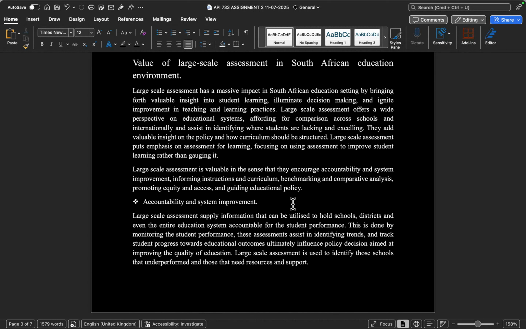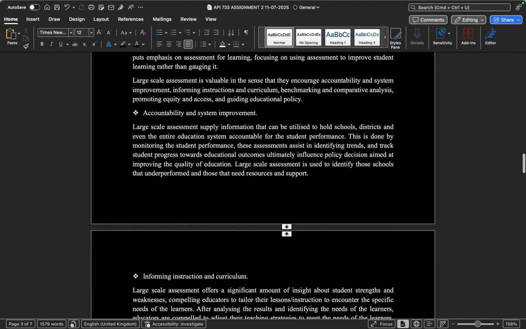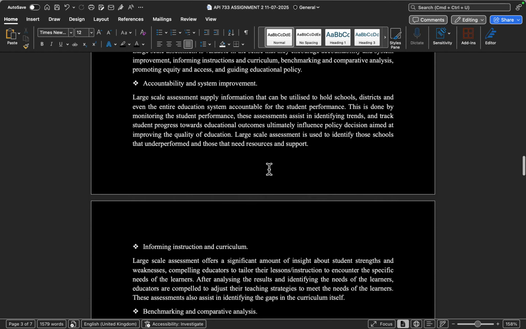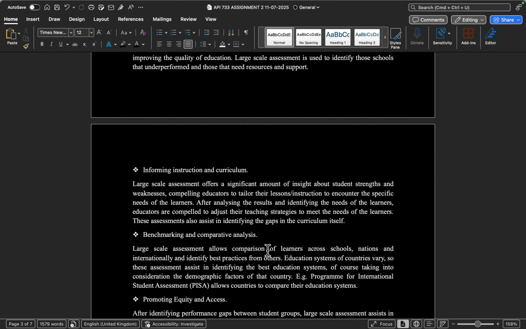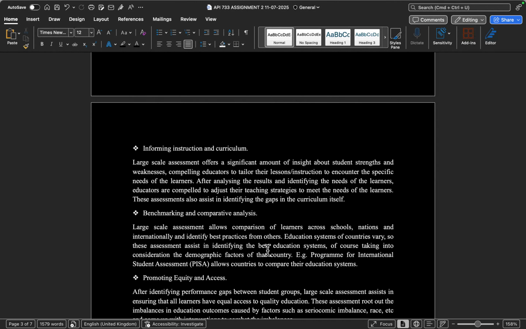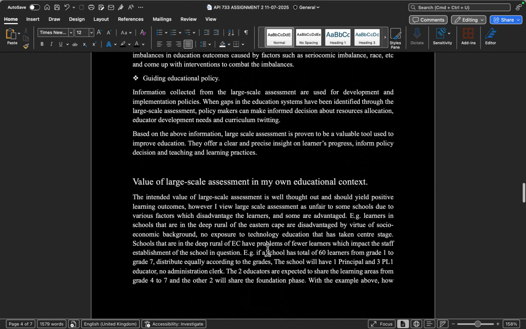It also supports benchmarking and comparative analysis, promoting equity and access, and guiding educational policy. Then if you go down, you will see I have elaborated on accountability and system improvement, how exactly that is done. I also elaborated on informing instruction and curriculum, and benchmarking and comparative analysis.